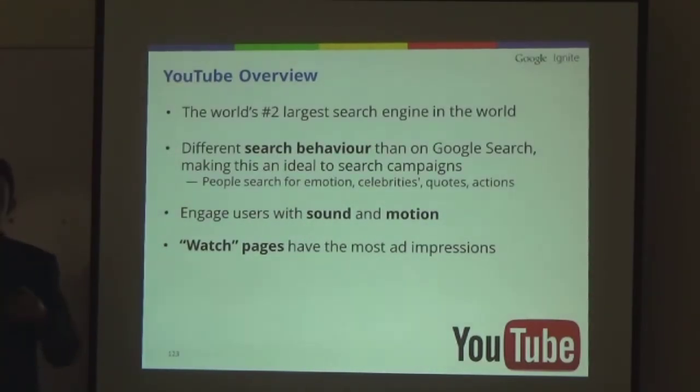Now, take note that the search behavior on video is different from when the same user does a search on the search network. When people go to a video engine like YouTube, they search for things that are a bit broader than search terms, which are very specific.